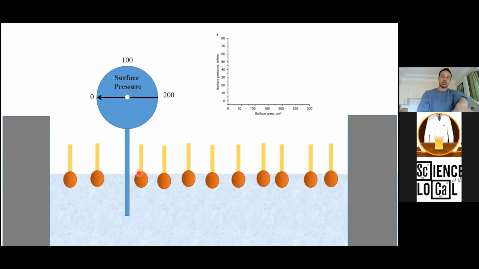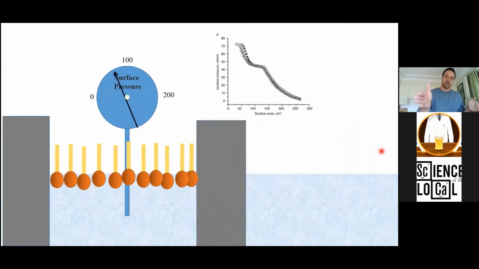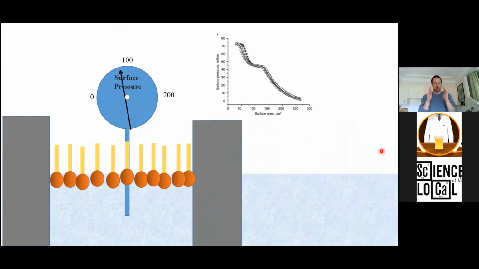So they put their lipid molecules, their surfactant molecules, onto the surface of the water, this bath, and then they got this barrier here on this side, and they pushed it in, and then they measured the surface pressure. And so they squashed all these lipid molecules together, and they got a lovely plot going up and up and up, but then it kind of changed shape.